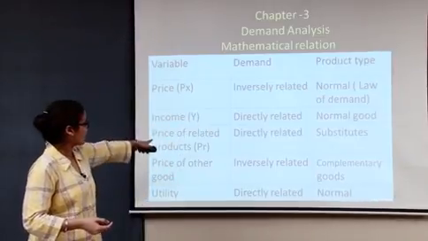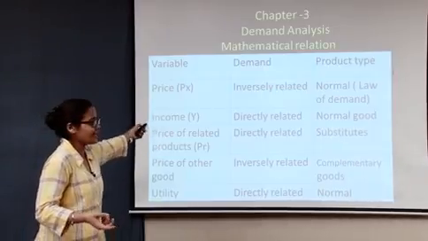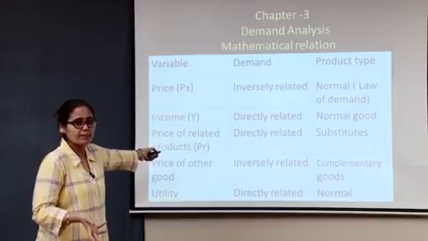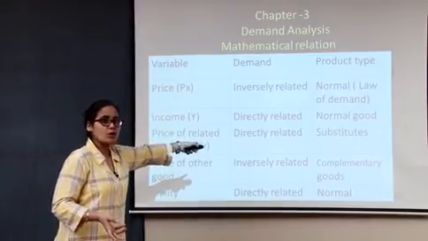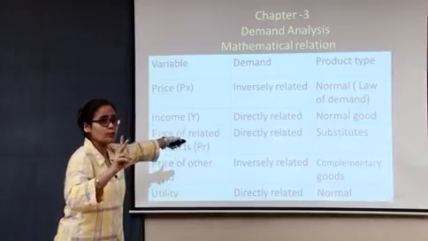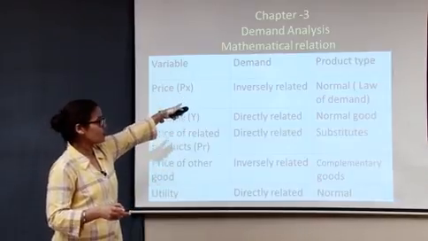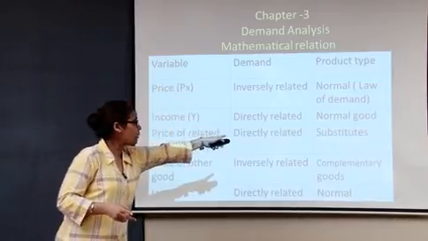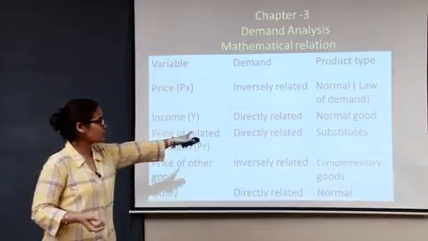If I take the price of tea, a very simple example, if the price of tea goes up, then the demand for coffee will go up. So for related products, you have to take two products. When the price of tea goes up and the demand of coffee goes up, then how are the products related? Substitute. Students can also study it like this.